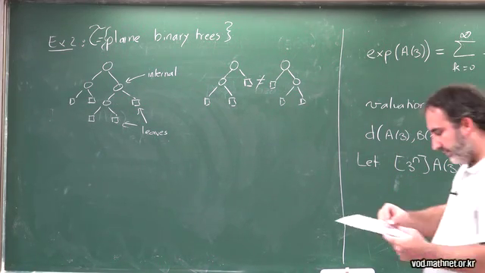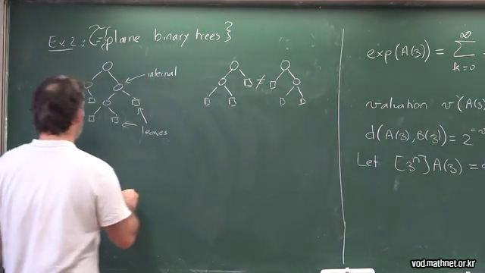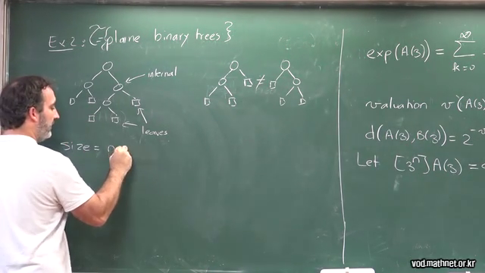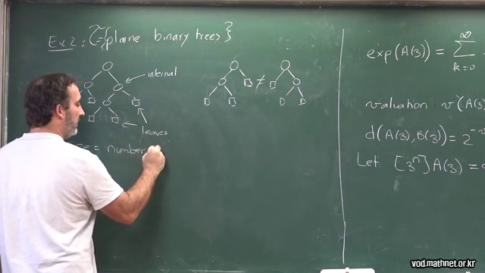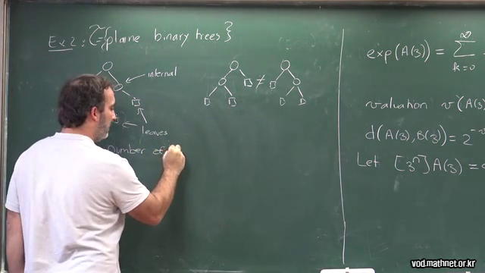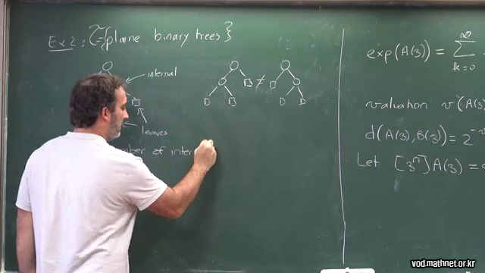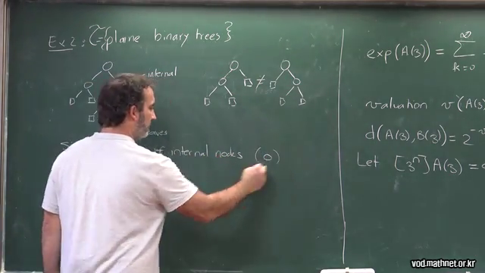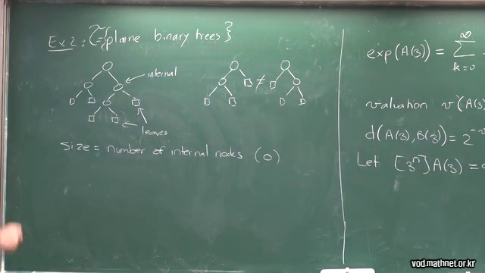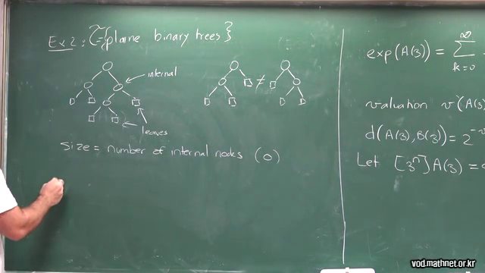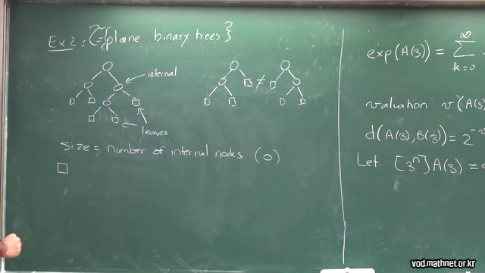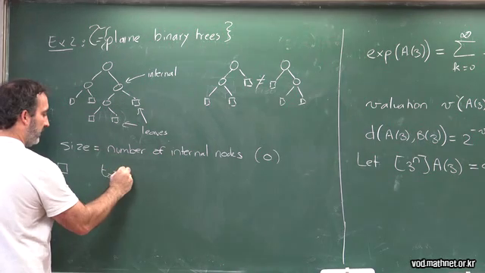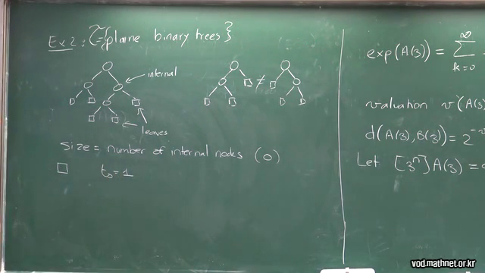Okay, so I want to count them, and the size of a tree is the number of internal nodes. The first tree is this one, just one leaf. So the size is 0. So we get that T0 equals 1. One tree of size 0.